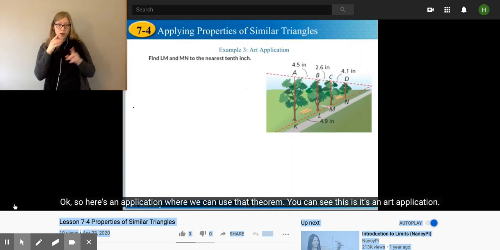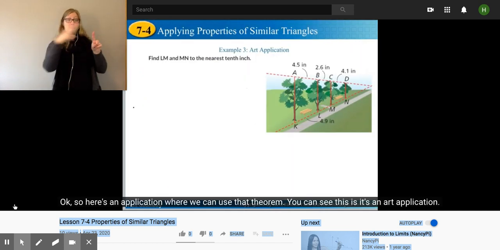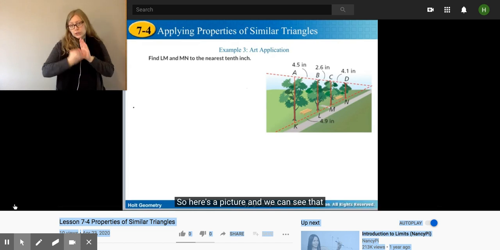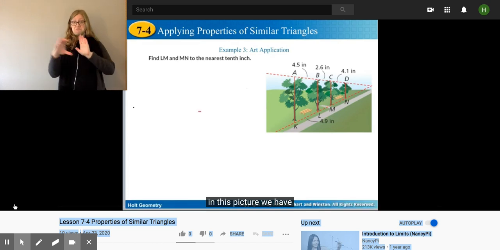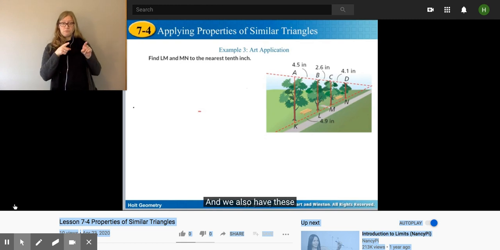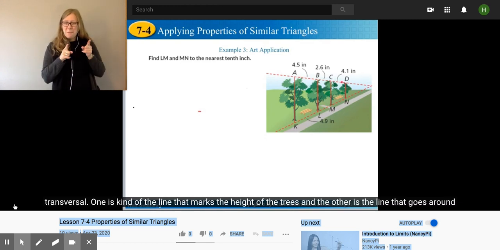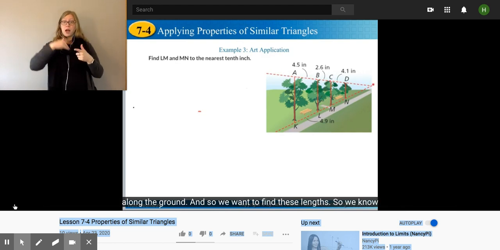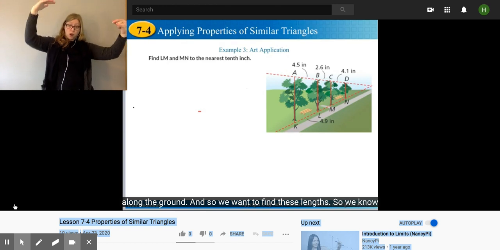Okay, so here's an application where we can use that theorem. You can see it's an art application. So here's a picture, and we can see that in this picture we have 4 parallel trees. And we also have these transversals. One is the line that marks the height of the trees, and the other is the line that goes along the ground. And so we want to find these lengths.